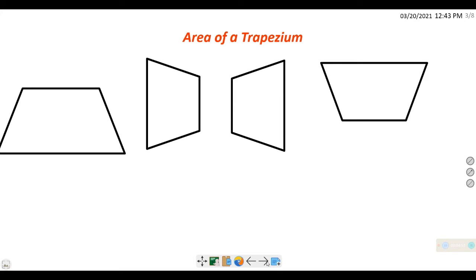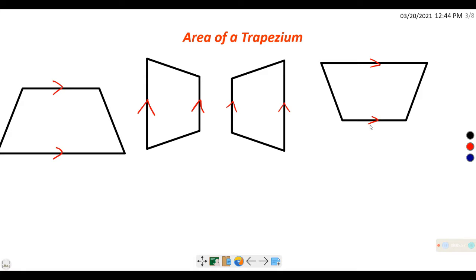The peculiarity of this figure is that a pair of opposite sides of this trapezium are parallel, only one set. In this case, these are the two opposite parallel sides. That's why I drew different diagrams here. It can be in any direction, in any format, but it is a trapezium if the figure has one set of opposite sides parallel. Such a figure is named a trapezium.